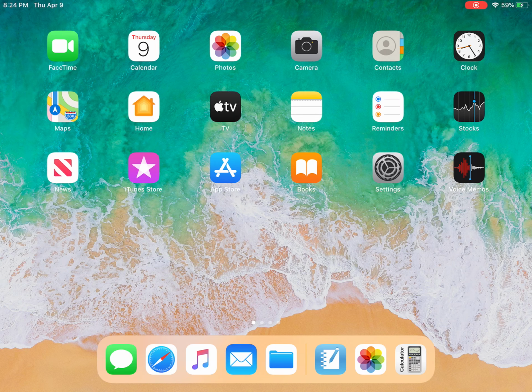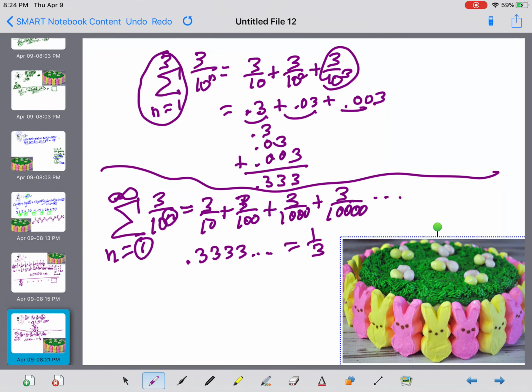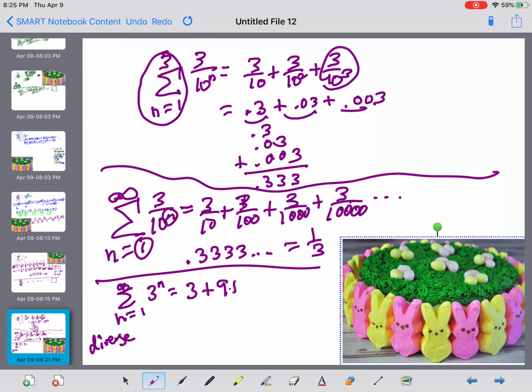All right, one last thing before I give you your homework assignment on this: if I had the sum as n goes from 1 to infinity of 3 to the n, this would do what we call diverge. It would never end.